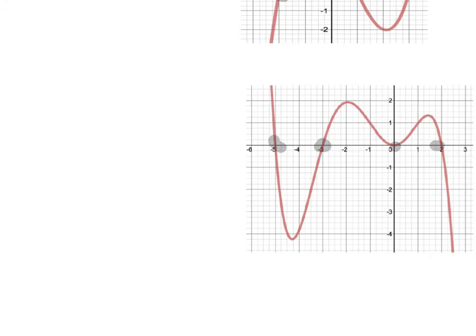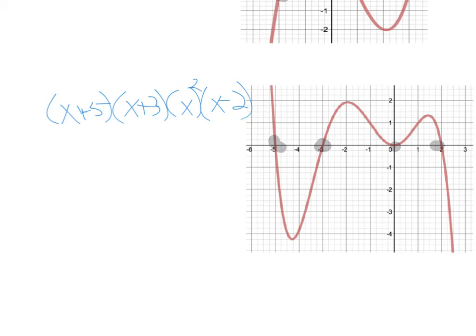So if I were to write this thing as factors, I'd have x plus 5, x plus 3, plain old x, and x minus 2. Since right here we had a bounce point, right? It hit the x-axis and it turned around. That means this has an even multiplicity. So I need some sort of even exponent up here. I'm going to call that a 2.